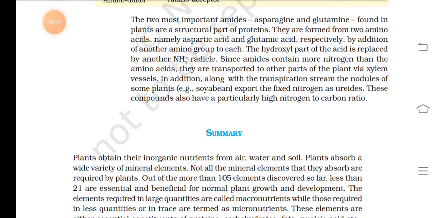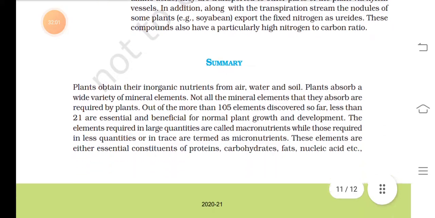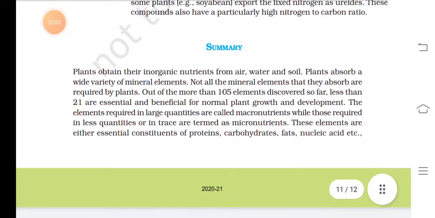Since amides contain more nitrogen than the amino acids, they are transported to other parts of the plant via xylem vessels along with the transpiration stream. In addition, the nodules of some plants, for example soybean, export the fixed nitrogen as ureides. These compounds also have a particularly high nitrogen to carbon ratio.